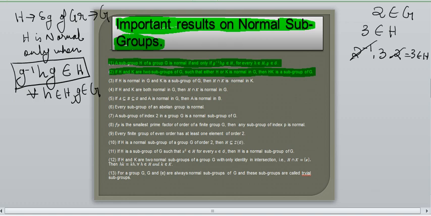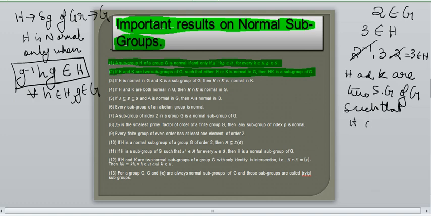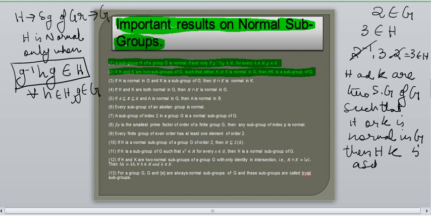It says that if H and K are two subgroups of G such that H or any one of them K is normal in G, then HK is a subgroup in G.